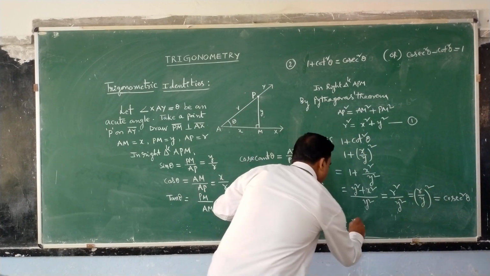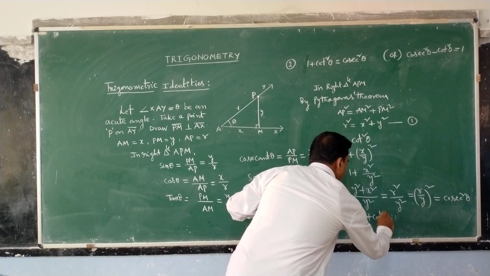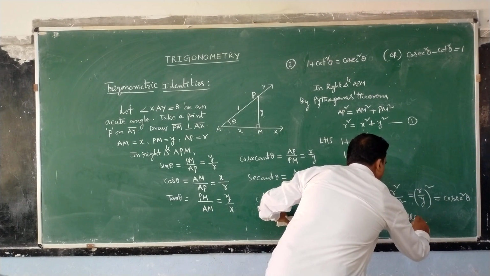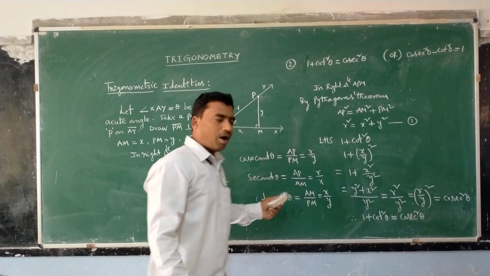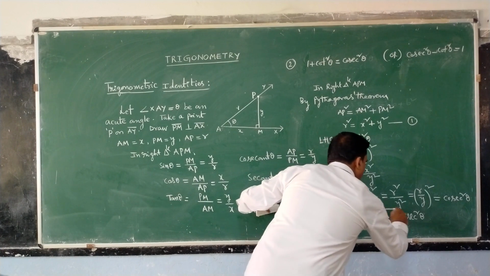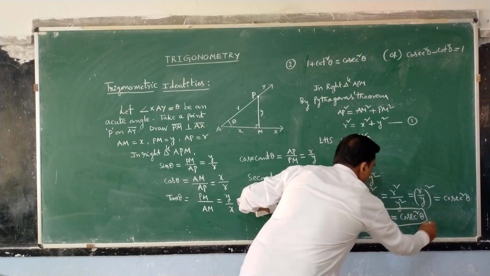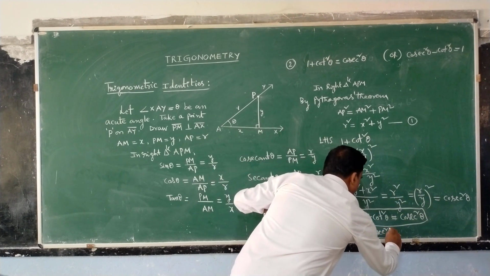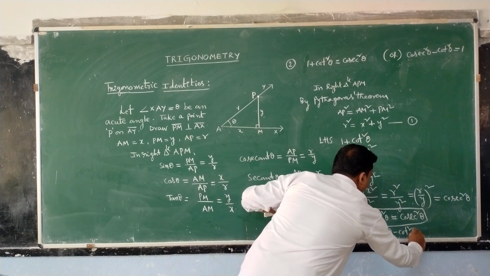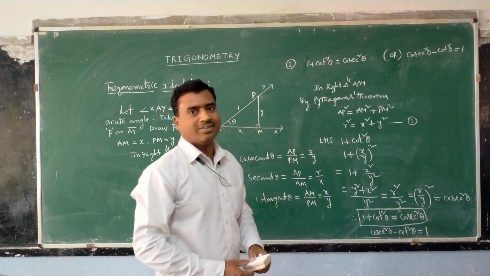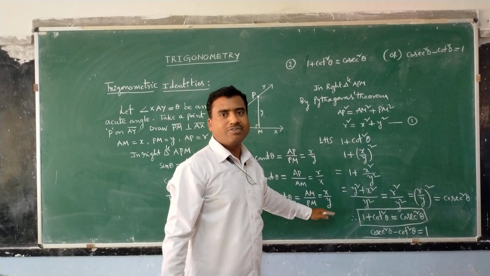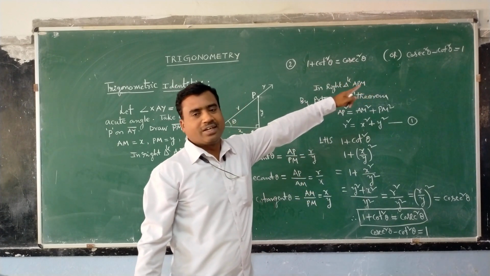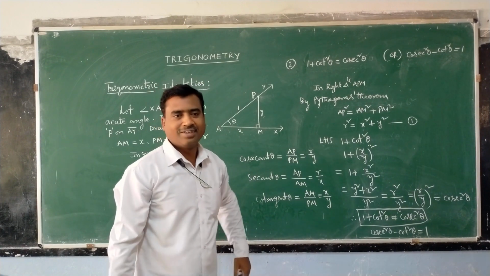So 1 plus cot square theta is equal to cosecant square theta, or cosecant square theta minus cot square theta is equal to 1. So this is the proof of the third trigonometric identity. Thank you.